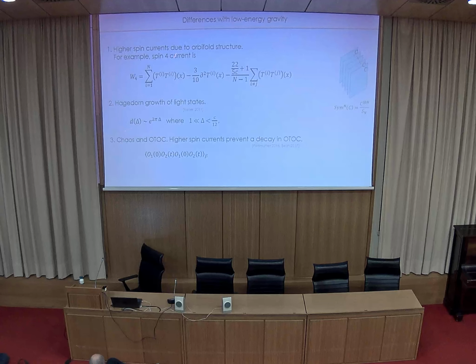Here Ti is the stress tensor of a single copy, and basically you square it. But you can do that in any CFT. These first two terms are something that you can write in any given CFT, but this is not a primary. This will be a descendant of the stress tensor.